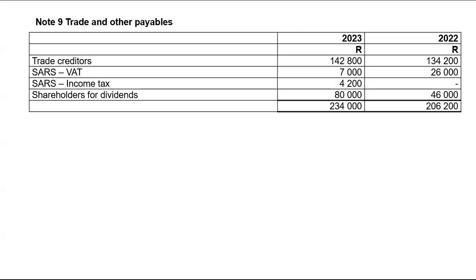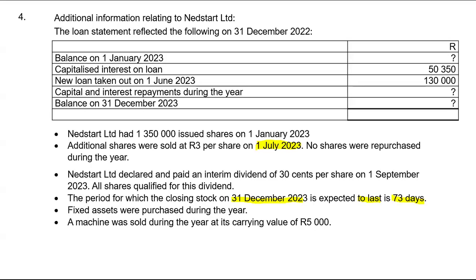Here, there's nothing about it. Already in my mind right now, the only thing that I'm thinking about is my retained income. So if I'm not given any of those, I'll have to prepare my retained income. But don't jump to conclusions yet.